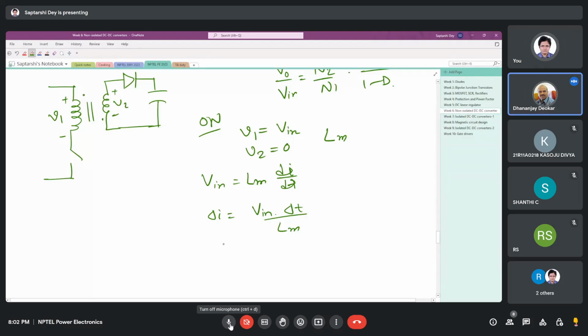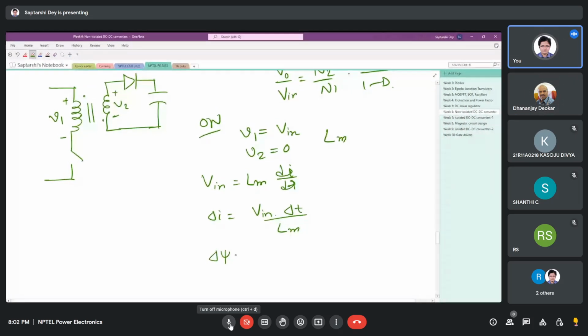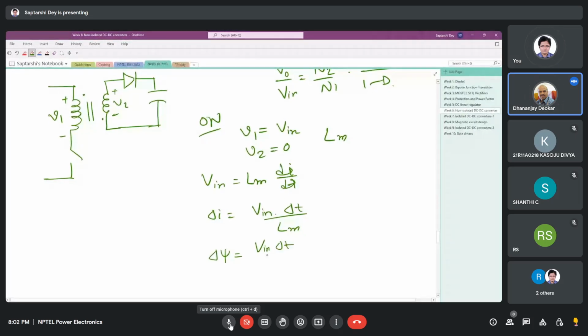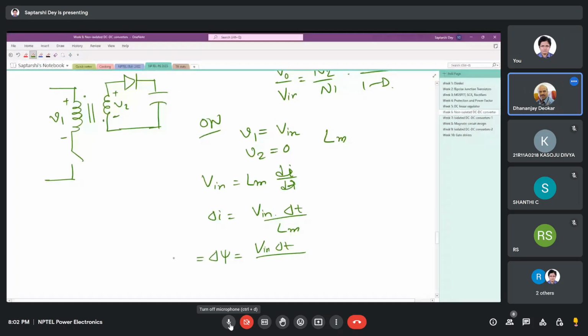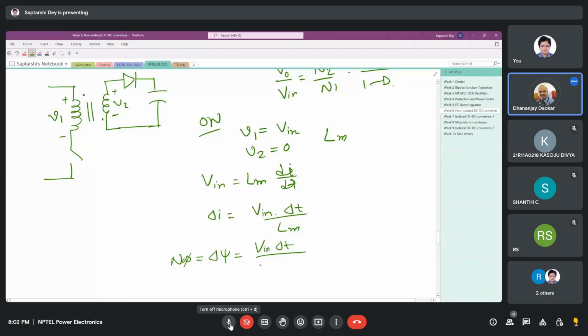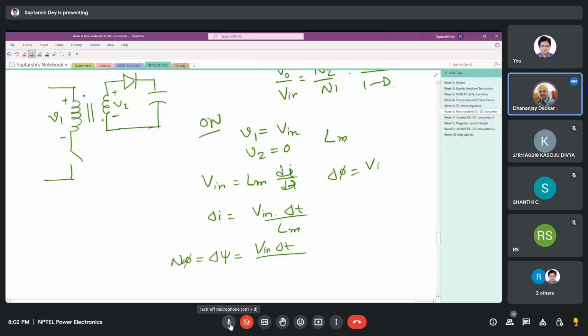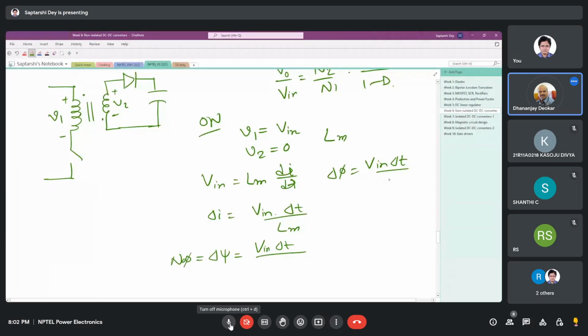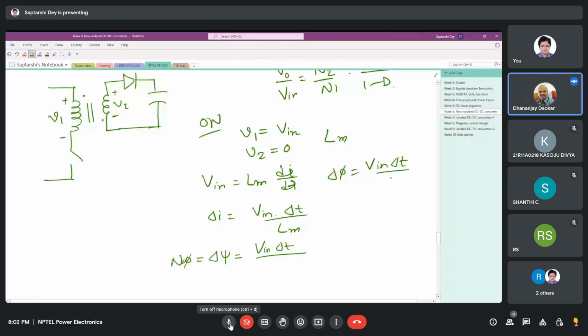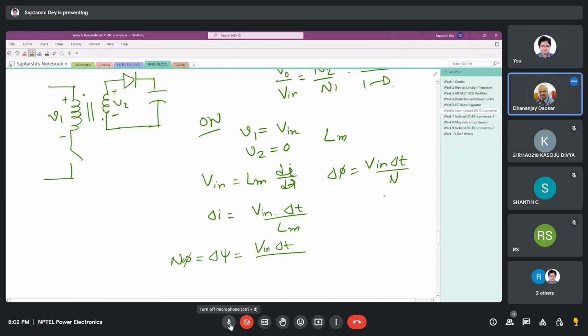And psi is Li, so delta psi is V in delta T. So whatever the increase is in the on time, that much is the drop in the off time. It happens. Then what happens in a forward converter?